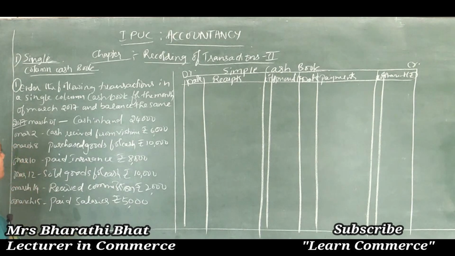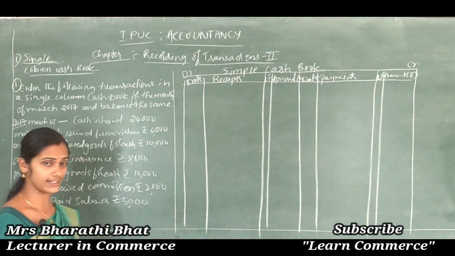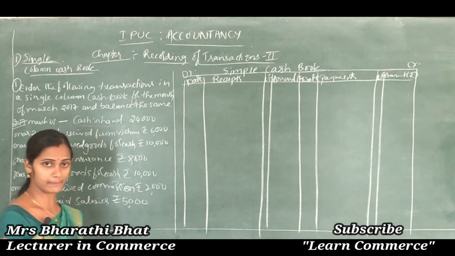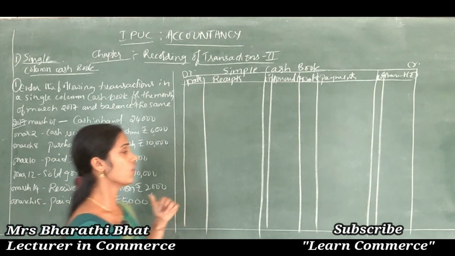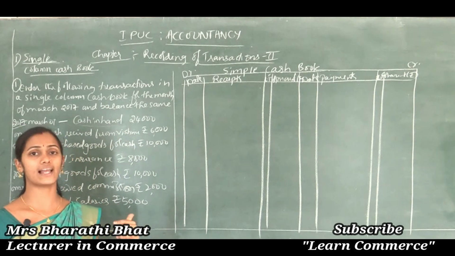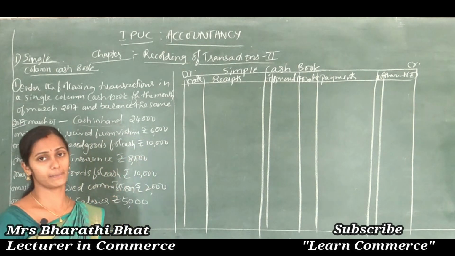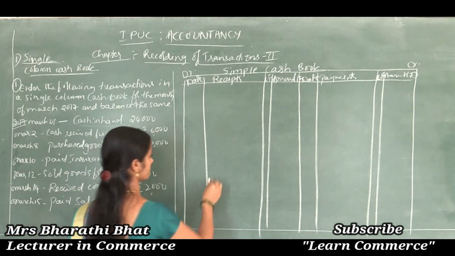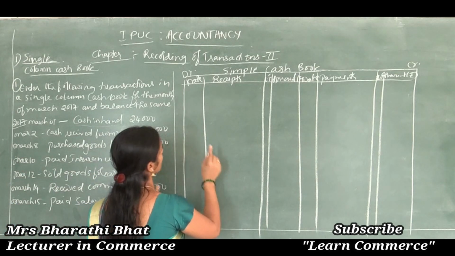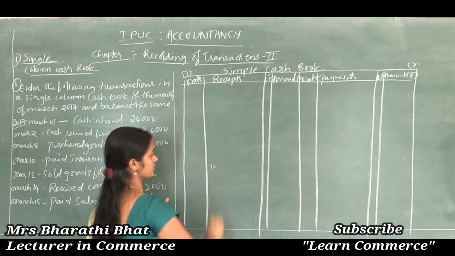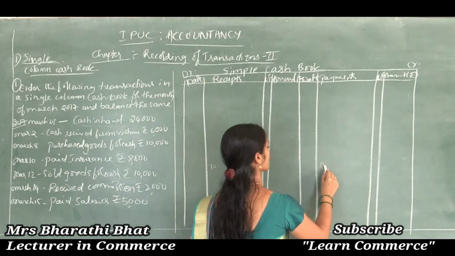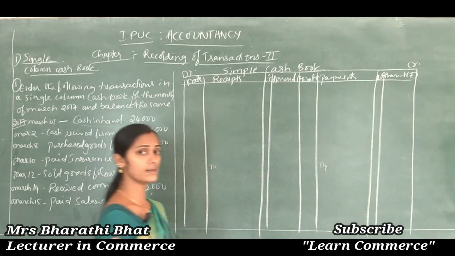The first one, March 1st, cash in hand. This balance is always called the opening balance. The opening balance is always recorded on the debit side as To Balance Brought Down. One more important thing: to record the debit aspect we need to use the word To, and to record the credit aspect we need to use the word By.